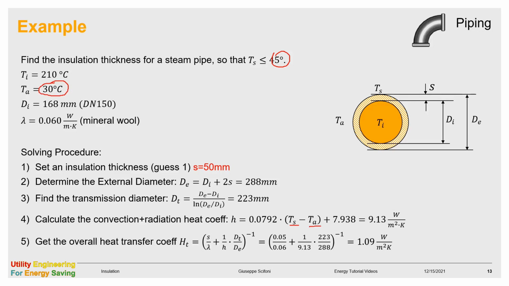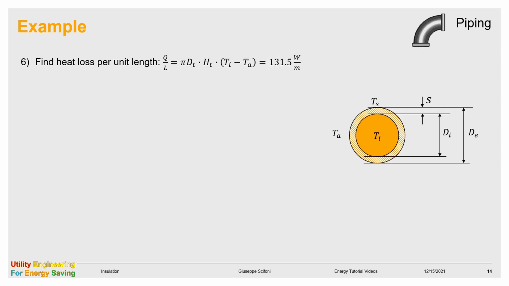Then we get the overall heat transfer coefficient capital HT, where all the remaining parameters are known, and we can find the heat loss per unit length of the insulated pipe by using this formula, where HT, DT, and the delta T are known, and we get 131 watt per meter.